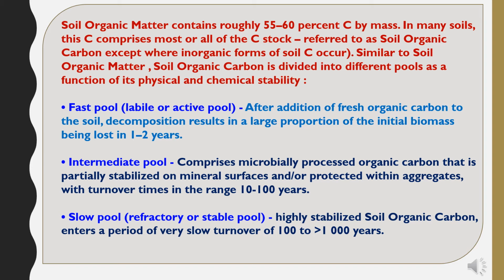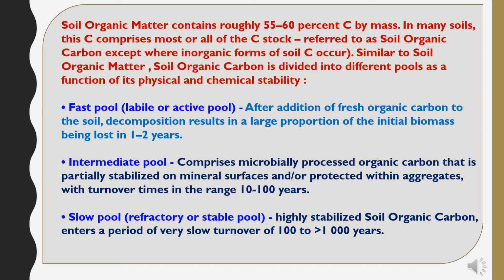Similar to soil organic matter, soil organic carbon is divided into different pools as a function of its physical and chemical stability. First one is the fast pool, also known as labile or active pool. After addition of fresh organic carbon to the soil, decomposition results in a large proportion of the initial biomass being lost in 1 to 2 years.